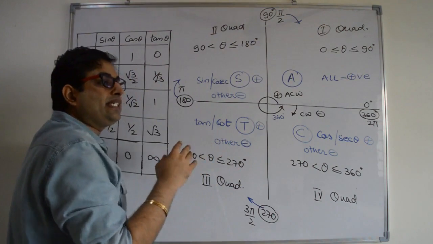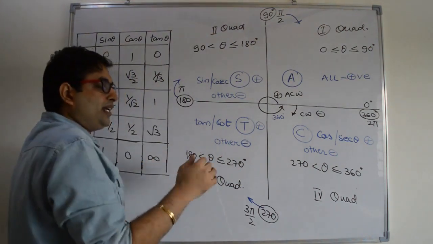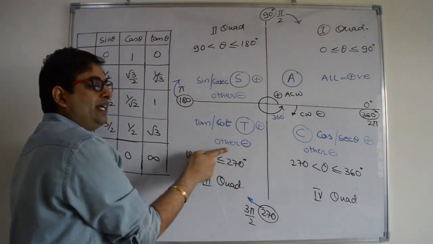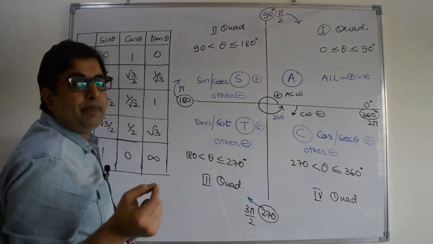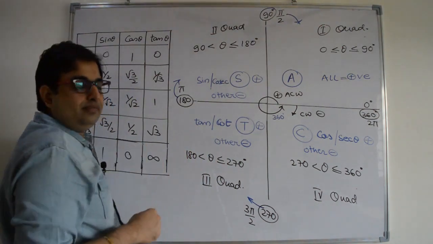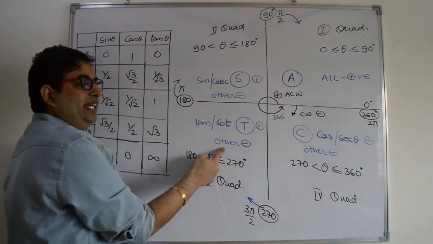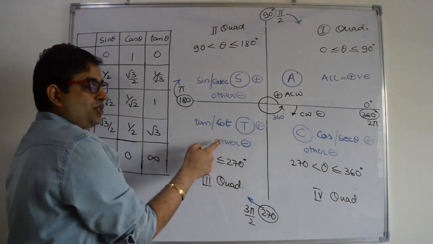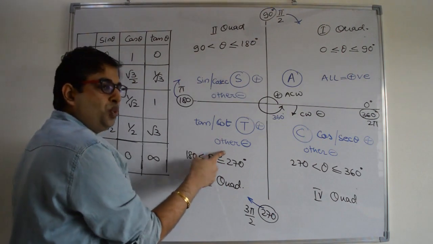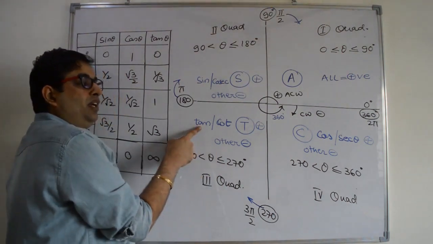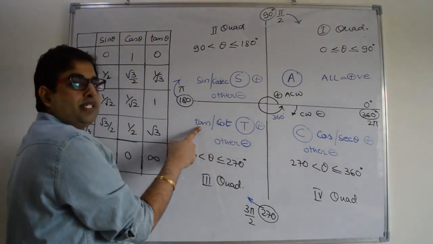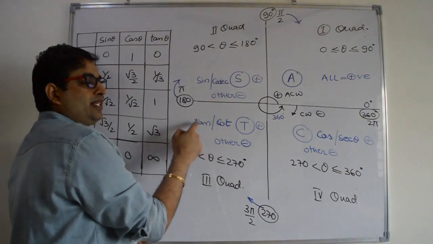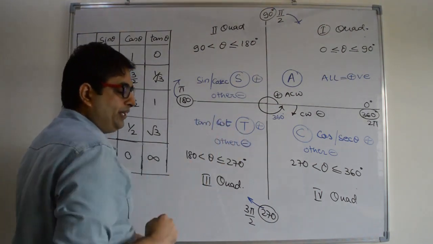Third quadrant. In the third quadrant only tan and its inverse cot are positive. Other quantities like sine, cos and cosec, all other quantities are negative. Let us take an example: 210 degree. Sine 210 degree is negative. 210 is between 180 and 270. So sine 210 is negative, cos 210 is negative, but tan 210 is positive, because tan is positive in the third quadrant.